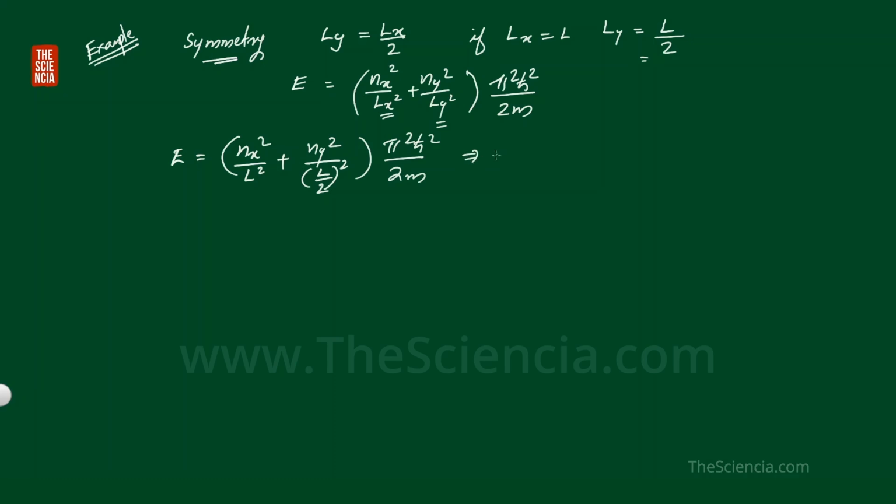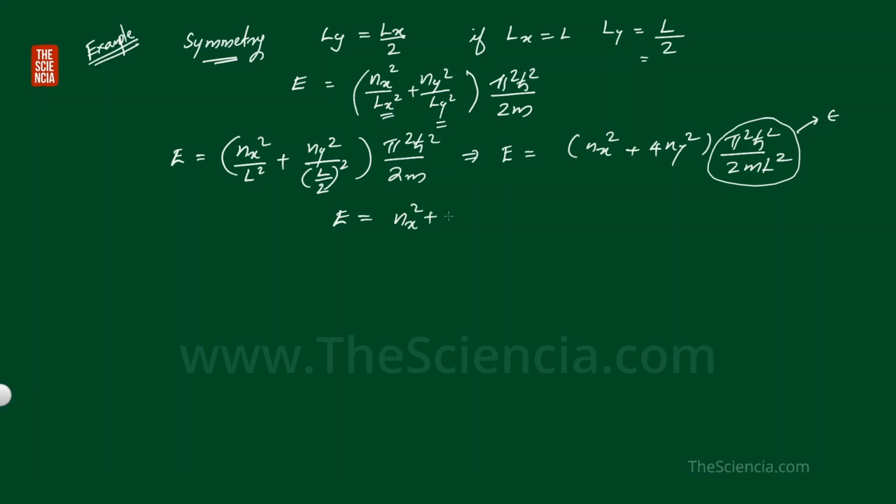We can rewrite this as E equal to nx square plus ny square, and since this is L by 2 all square, there will be a 4 times. I am taking L square as a common term, that is into pi square h square by 2m L square, and I am calling this entire term E. So we got the energy equation: energy E is equal to nx square plus 4ny square into E.